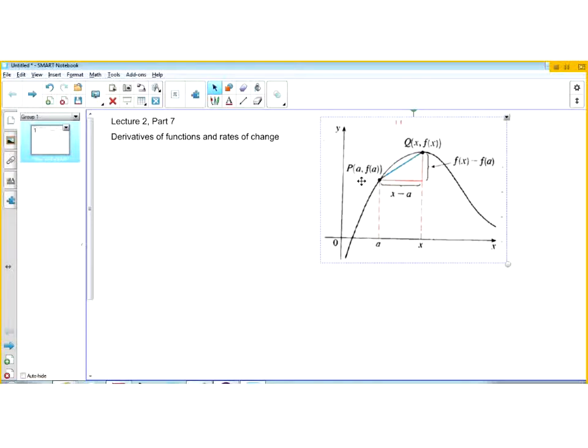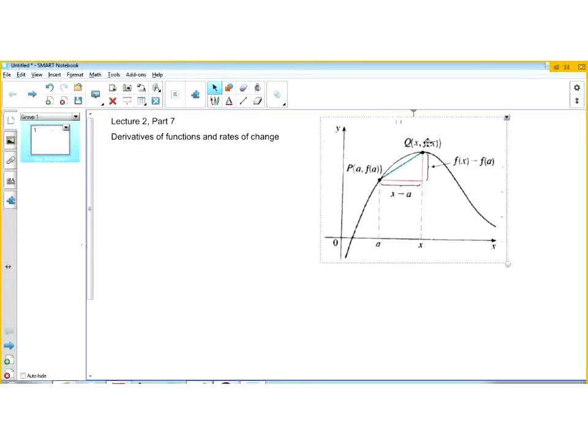The abscissa of P, of course, is a, x equals a, and then the ordinate is f of a. The intent of this drawing is to demonstrate that Q is some arbitrary point on the graph. By arbitrariness, it's because the abscissa of Q is x, and x is unspecified at this point. All we know is that x is not a. And if x is the abscissa, of course, f of x is the output.